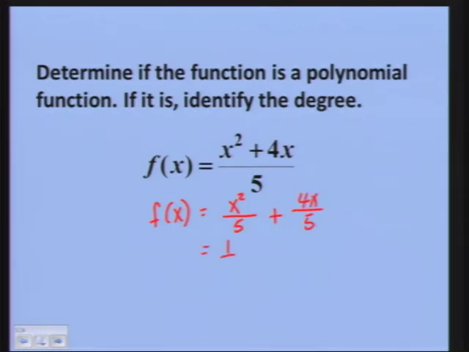And that would be 1/5 x squared plus 4/5 x. And when we put it in this form, it's pretty easy to see that all our exponents are whole numbers here, and we have real coefficients. So it is a polynomial. The highest exponent is 2, so it's of degree 2, and the lead coefficient is 1/5 here.